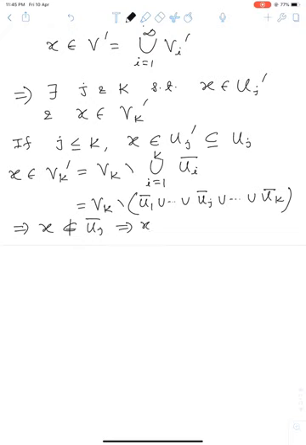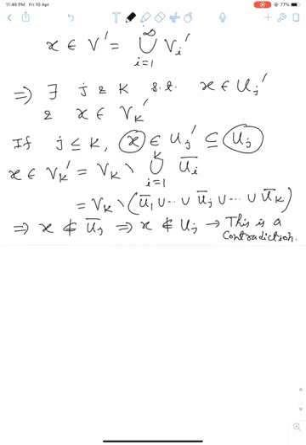That will imply x does not belong to Uj, but it is given that x belongs to Uj. So this is a contradiction. Now similarly, if we assume that k is less than or equal to j, then also we get a contradiction.